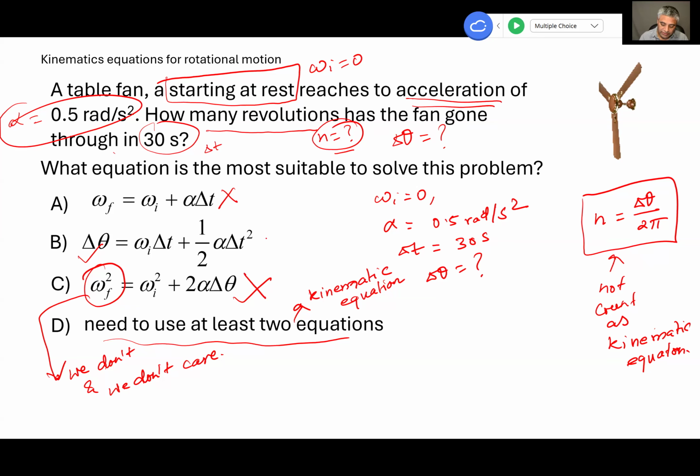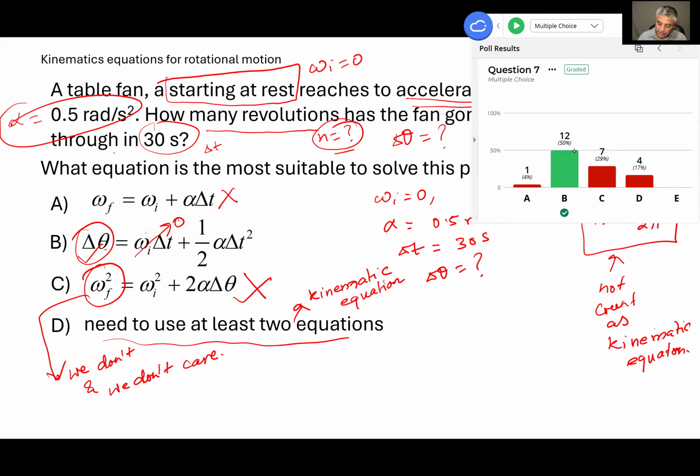Now let's see if we can use this here. Delta theta, great. Omega I, delta t, yes, omega I is 0, so we can do that. Alpha is known, the time interval is known, so that means we can use this equation to find delta theta, okay? So it looks like B is the best choice in this case.